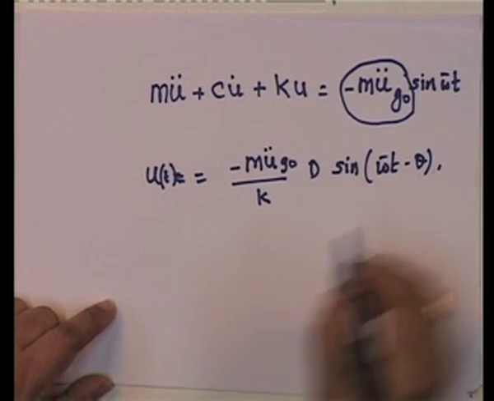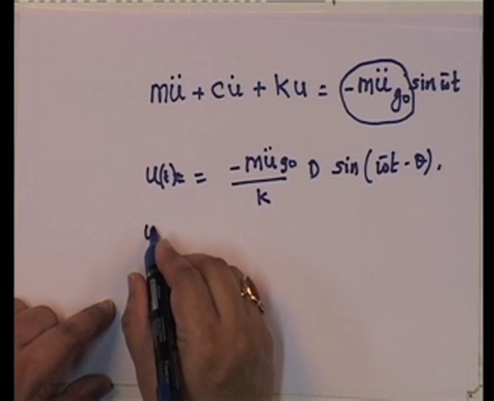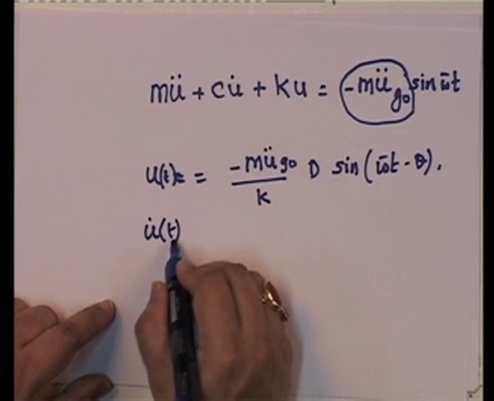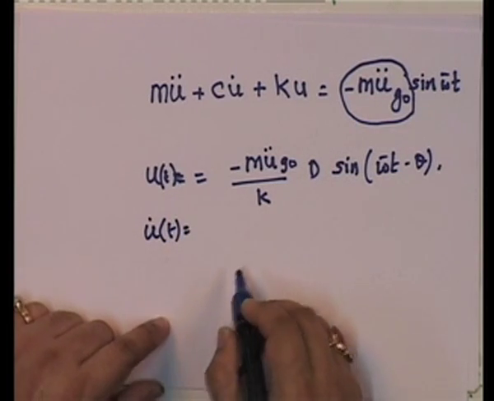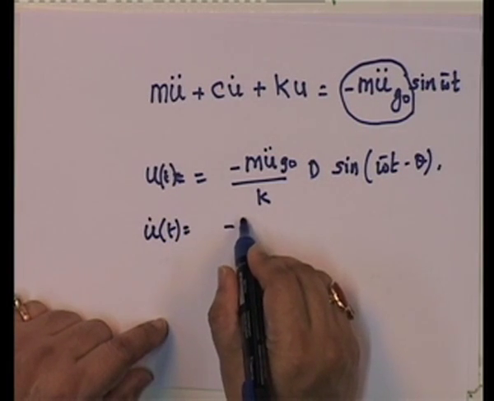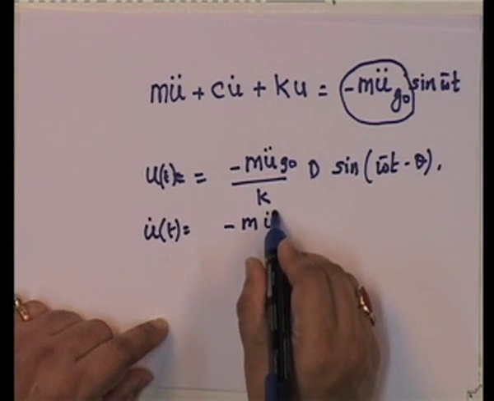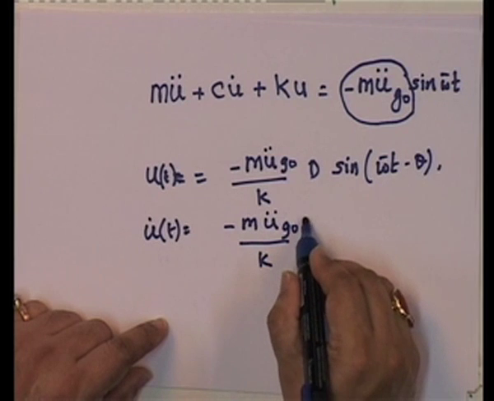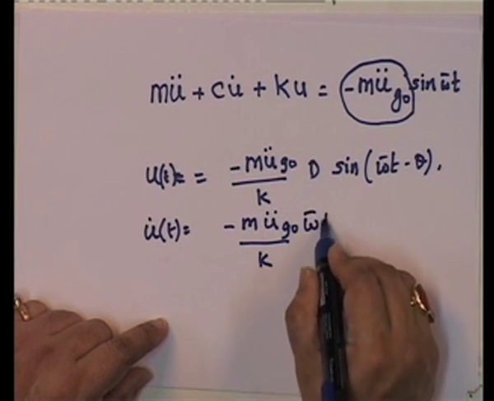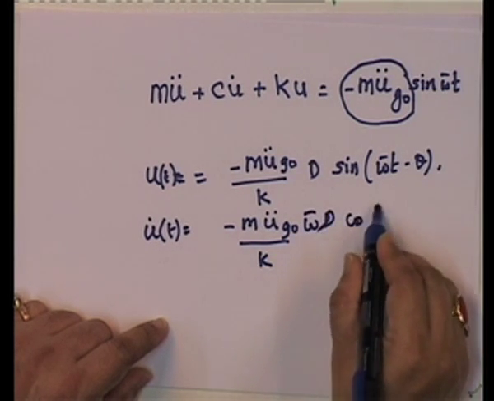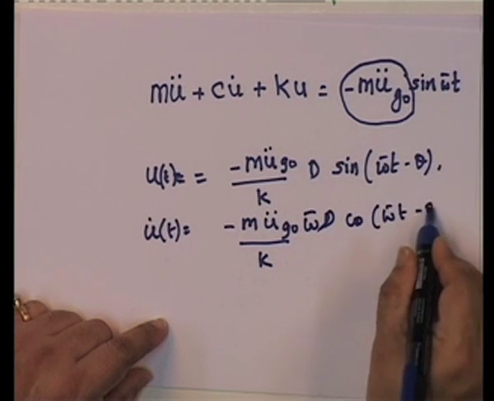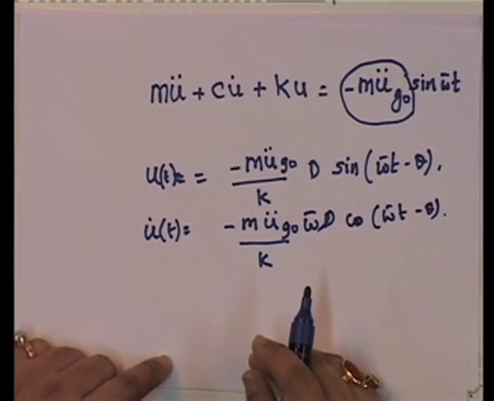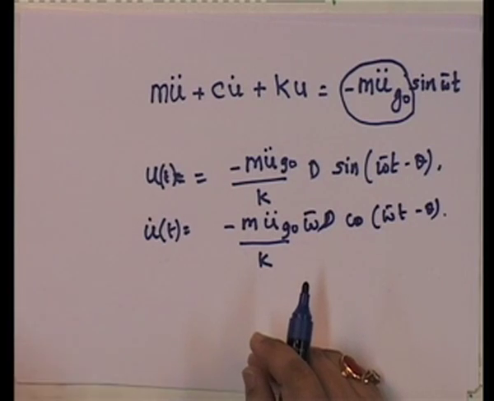So, therefore, let me look at u dot of t. U dot of t is minus m u g upon k omega bar d cosine omega bar t minus theta. Okay.